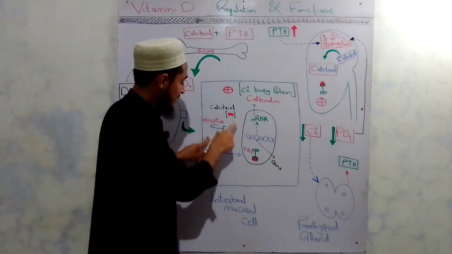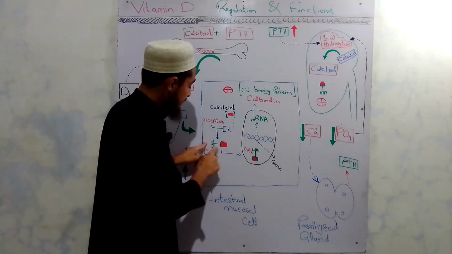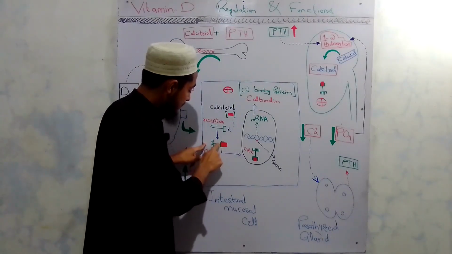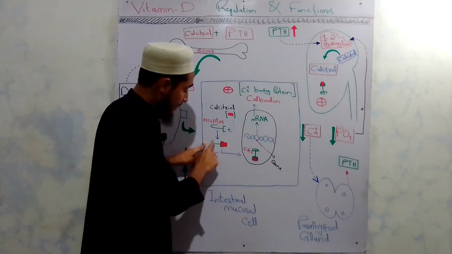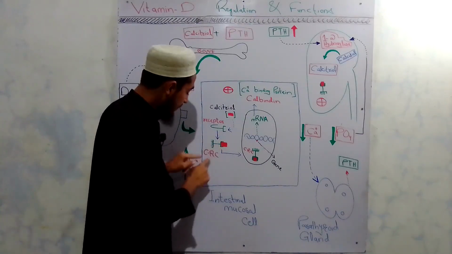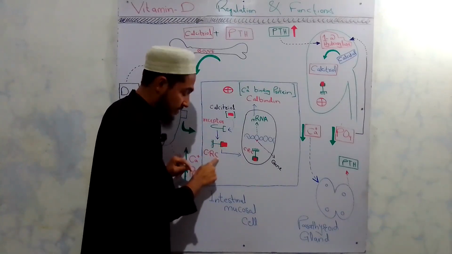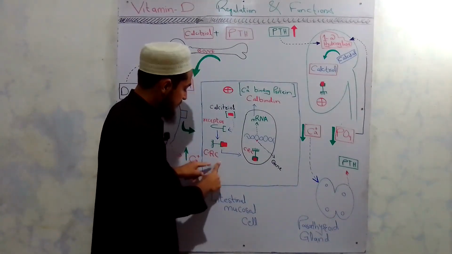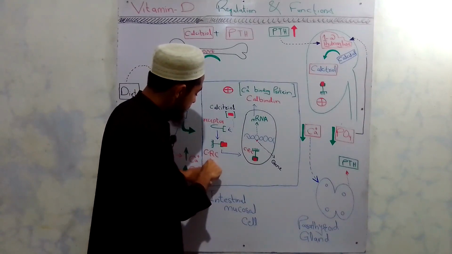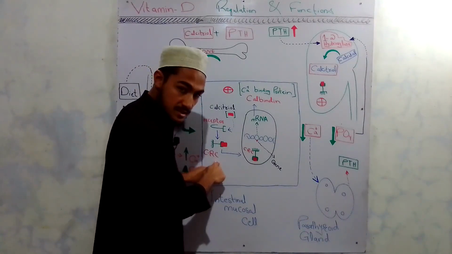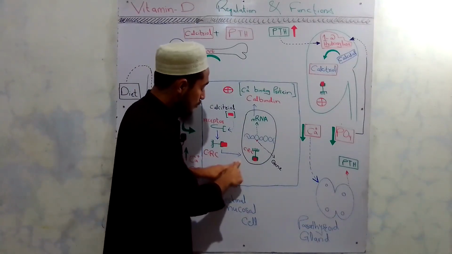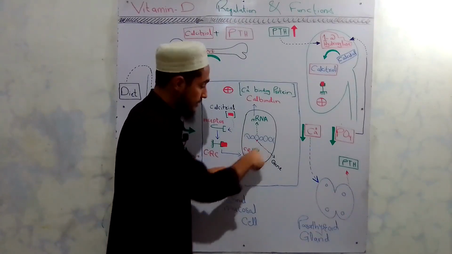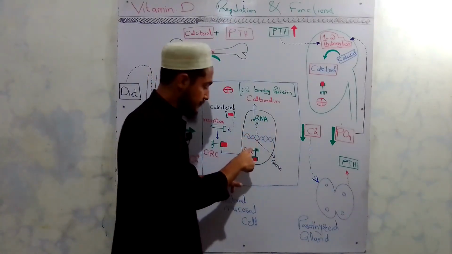When the calcitriol is bound with this receptor, the configuration of the receptor changes, and this complex is now called the calcitriol receptor complex, CRC. Then this calcitriol receptor complex, CRC, will be translocated to the nucleus. It will go into the nucleus.